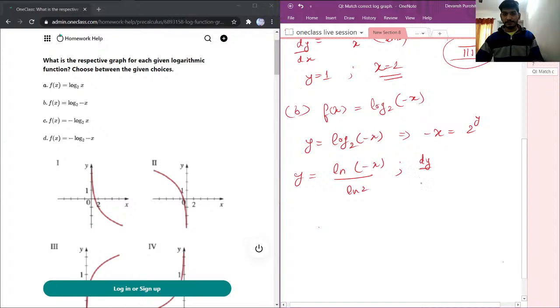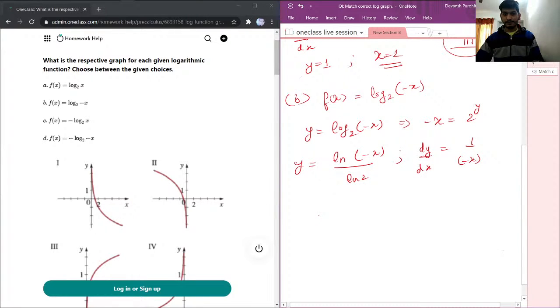I'll just take the derivative here and this will become 1 over negative of x, then the derivative of the other term, minus of 1 over ln 2.